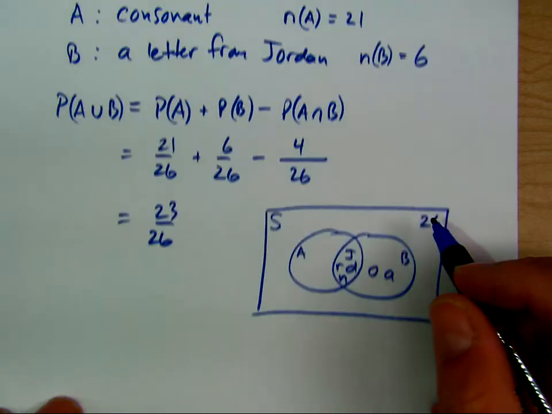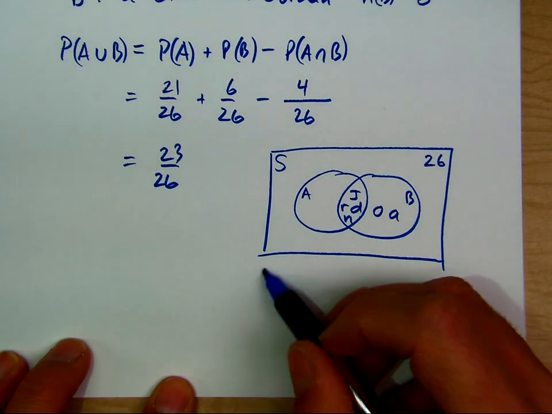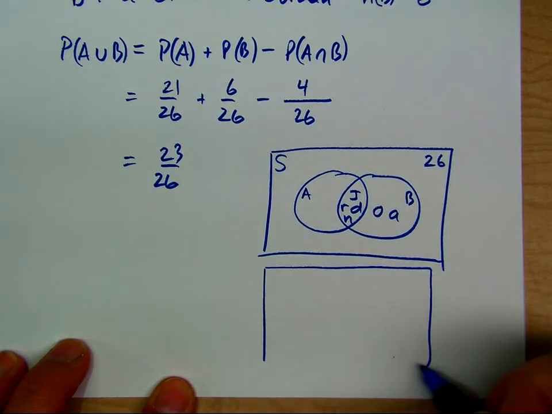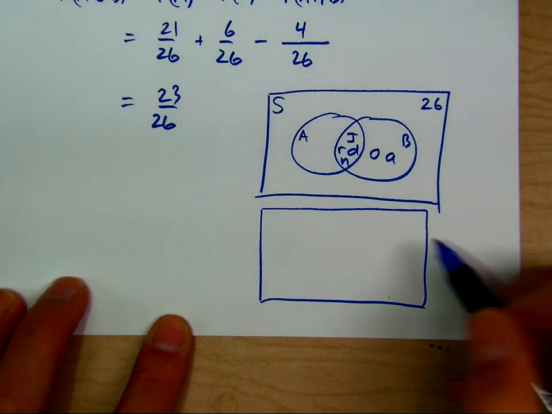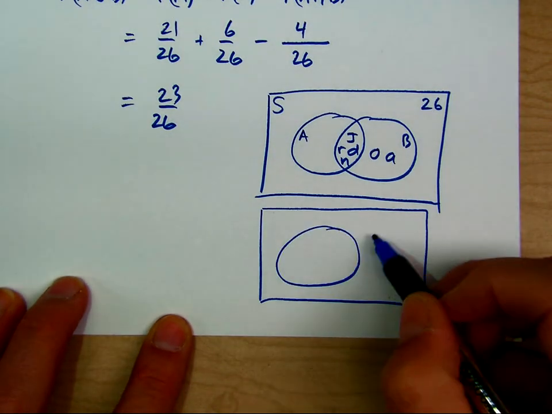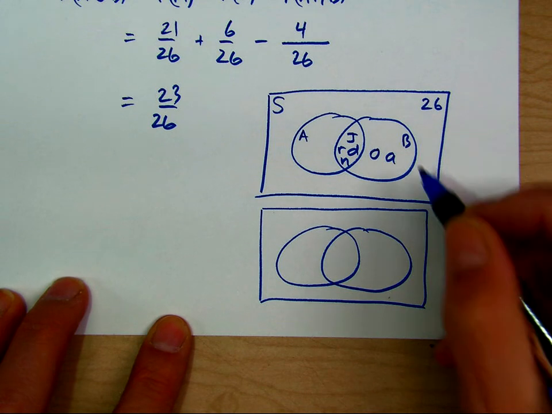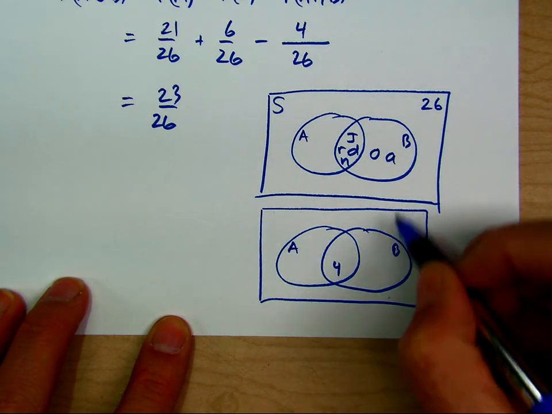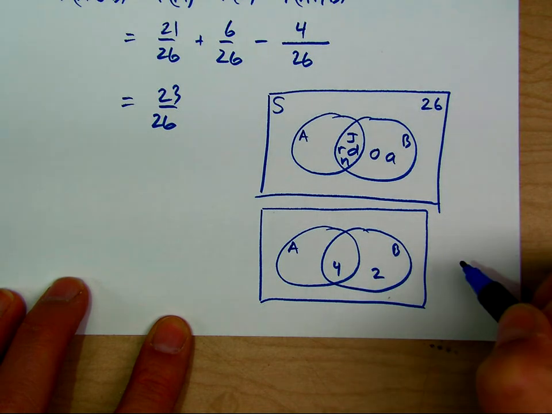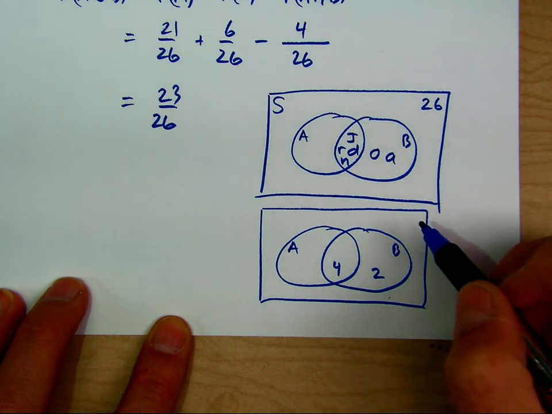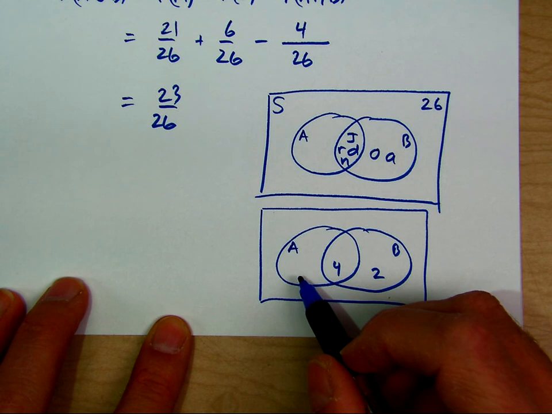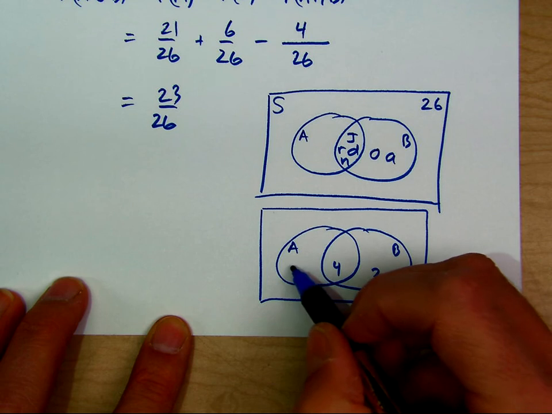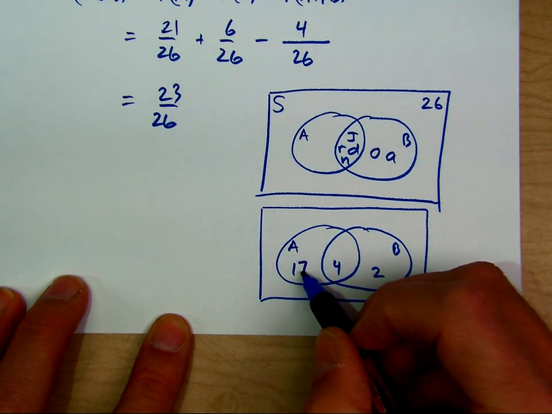So now let's look at the numbers. And we look at the number in each region. We know there's 4 in the intersection. There are 2 here. And then consonants, we have 21 consonants, so we'll have 17 consonants that are not in Jordan.